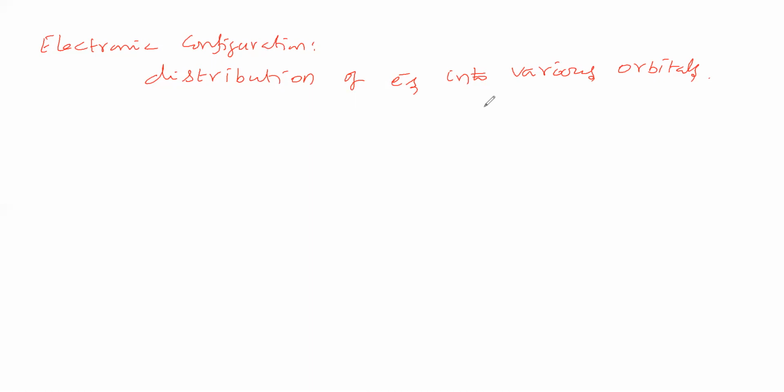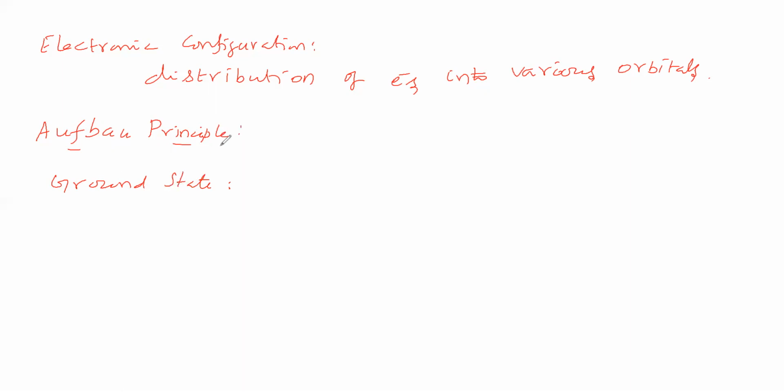Certain principles give these rules. One of them is called the Aufbau principle. What does the Aufbau principle say? It considers the ground state, which means the stable, normal state. In the ground state, how to distribute electrons?